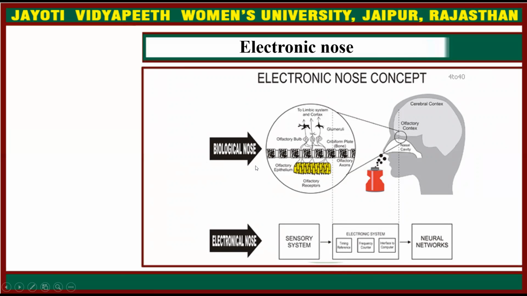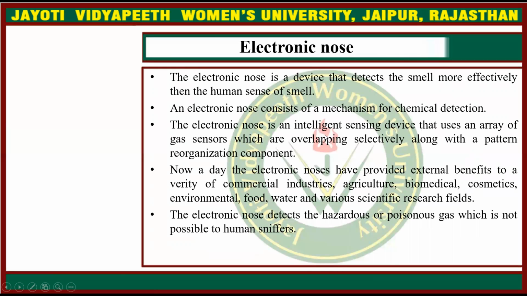In the biological nose, the olfactory bulb and olfactory epithelium are used to detect smell or aroma. The electronic nose is a device that detects smell more effectively than the human sense of smell. An electronic nose consists of a mechanism for chemical detection. It is an intelligent sensing device that uses an array of gas sensors which are overlapping selectively, along with a pattern recognition component.